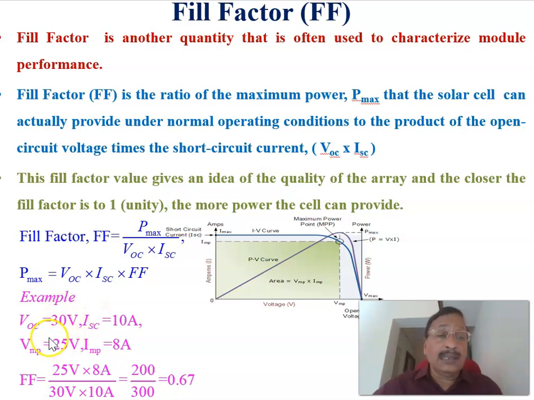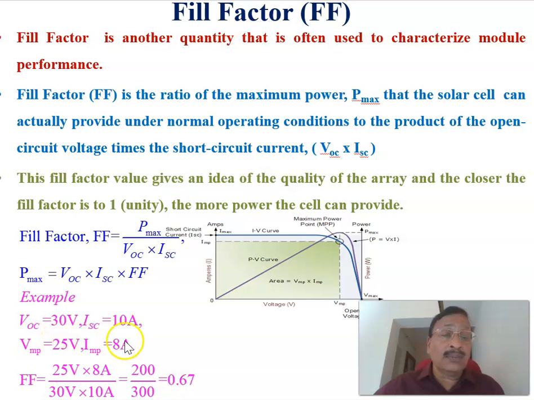An example here: open circuit voltage equal to 30 volts and short circuit current equal to 10 amperes. The voltage corresponding to the maximum power is 25, and the current corresponding to the maximum power is 8 amperes.